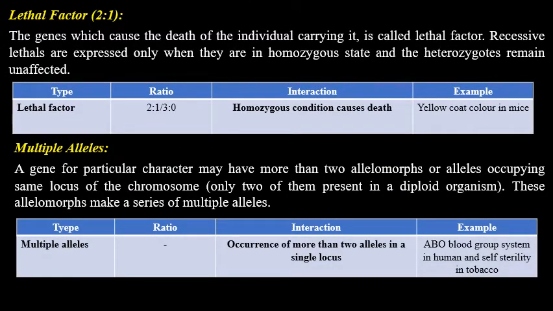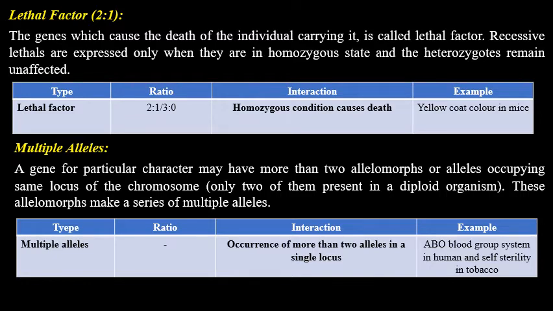The fourth important factor, which is a very dangerous factor, is the lethal factor, which shows the ratio 2:1. Regarding this also, I have provided a simple video which properly explains this poisonous or lethal factor.